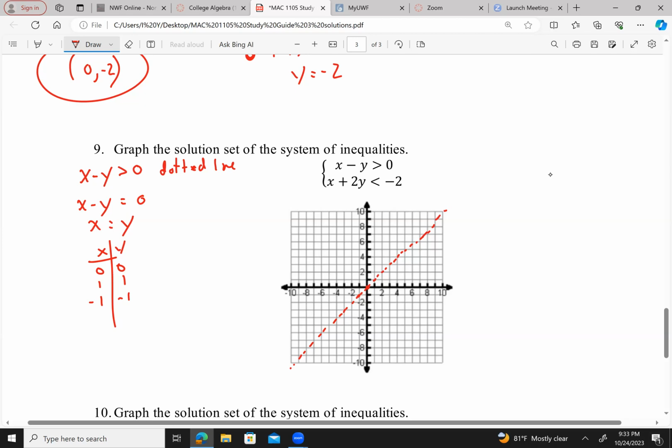So, well, why can't we just put a test point of 1, 0? That's right here. So is 1 minus 0 greater than 0? It is. So we're shading this side of that line.